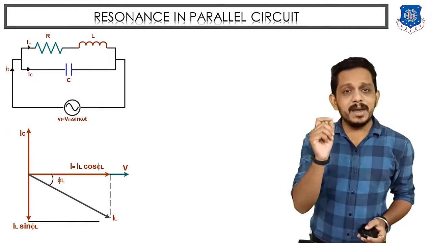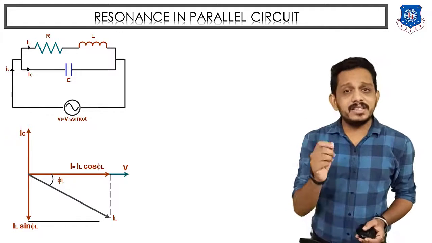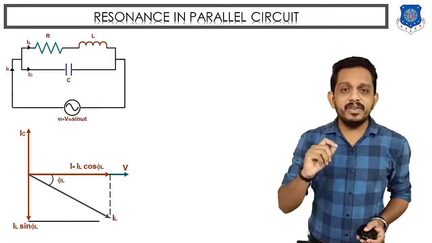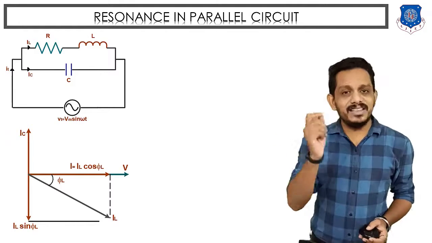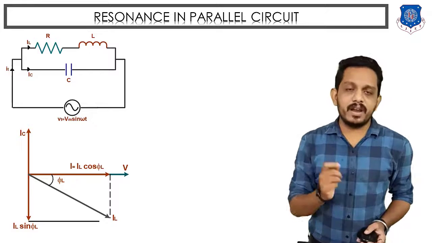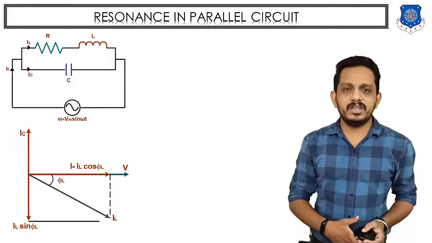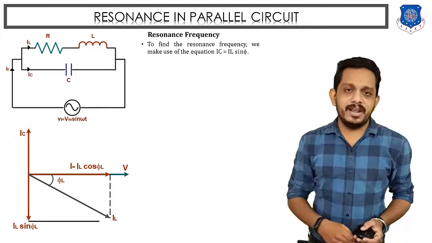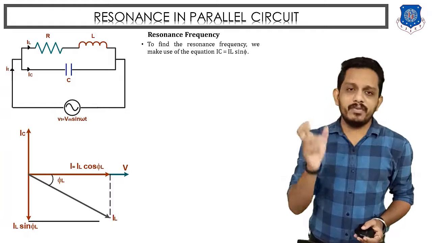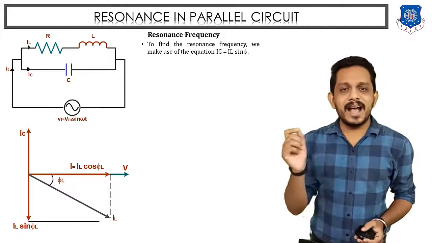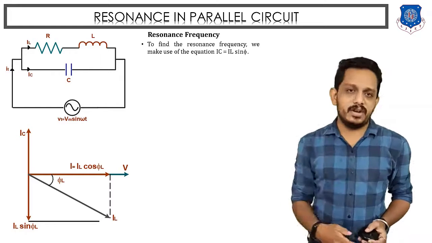Now the same condition occurs which occurred in the series circuit. In series circuit, VL and VC were 180 degrees out of phase, and in this case current IC and IL sin phi, a component of that current IL, are 180 degrees apart from each other. So if these two currents have the same value, then only one current will be available, and that current is IL cos phi, and that current is in phase with the supply voltage.